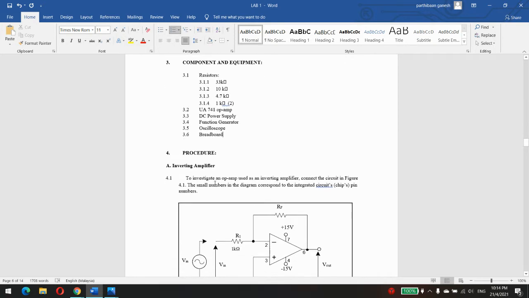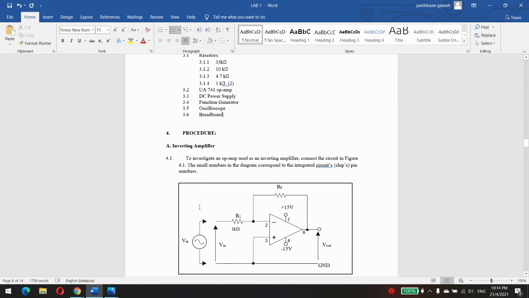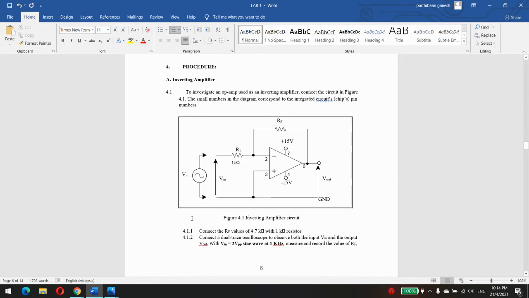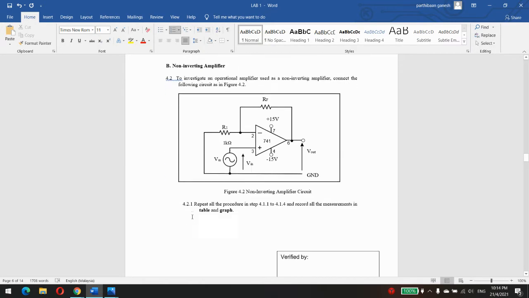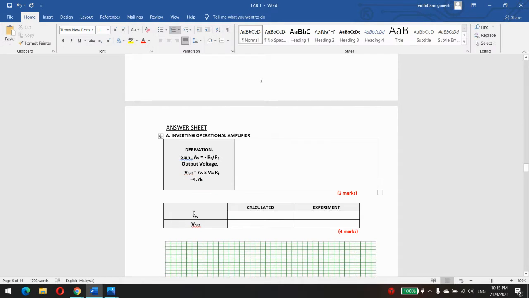Before the experiment, I want to show the calculation, because we must calculate first. Then we do the experiment and compare the values, whether they are the same, slightly the same, or increased or decreased.